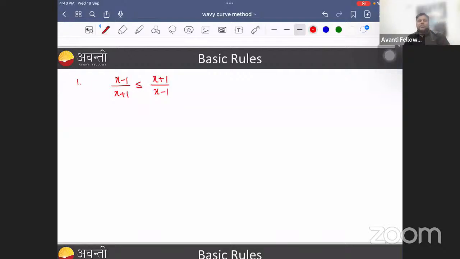Cross multiplication you cannot do. Yes, quickly.